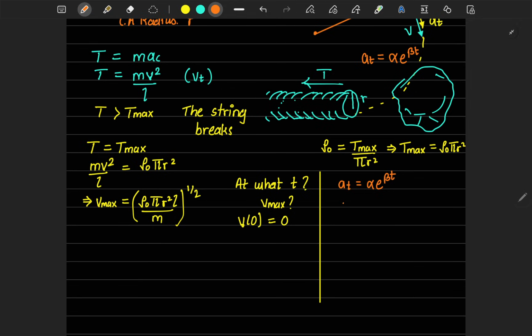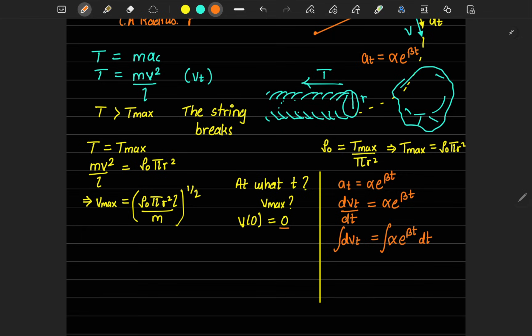So we know acceleration is equal to dv by dt. We just take dt on the RHS and integrate.